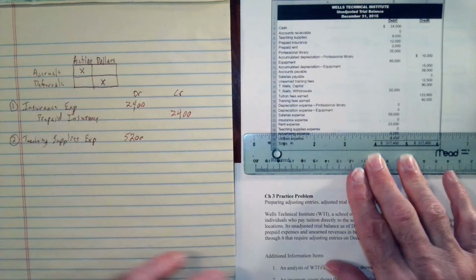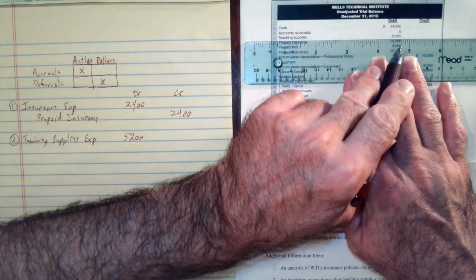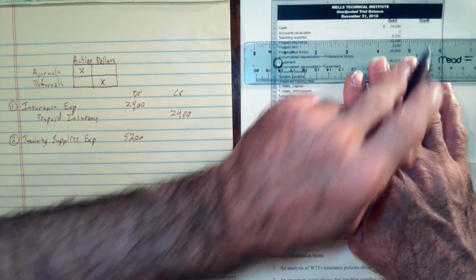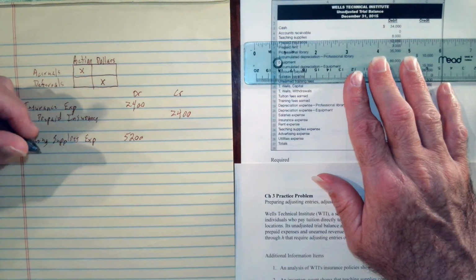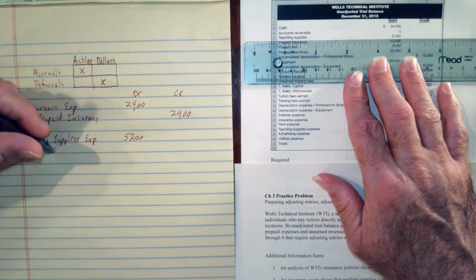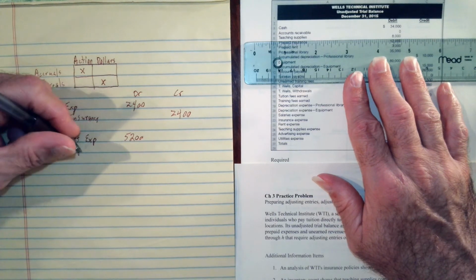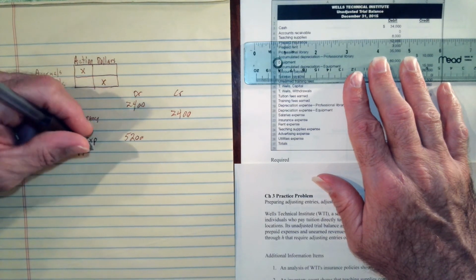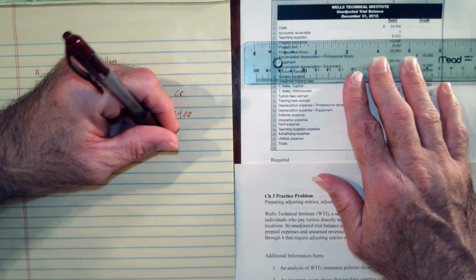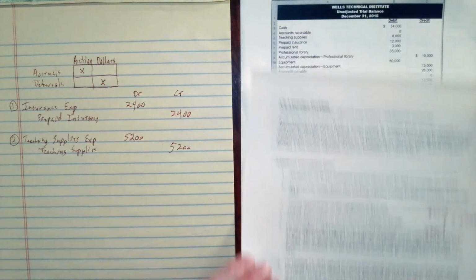And then the credit is going to go against teaching supplies because it is a debit and I have to do a credit to reduce it down. So teaching supplies is going to be a credit, $5,200. Okay.